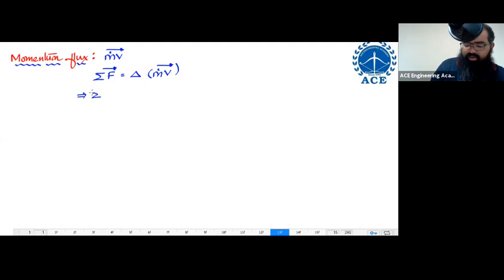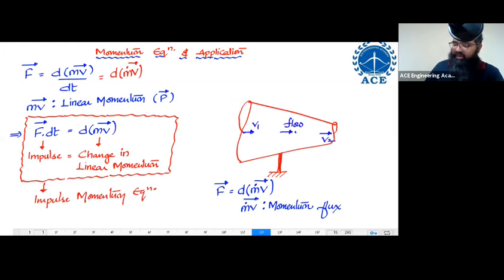let us say, net force in the x-axis has to be equal to delta of m dot into velocity in x-axis, which is equal to m dot into velocity in x at the final section, minus m dot into velocity in x at the initial section. What do I mean by final section?